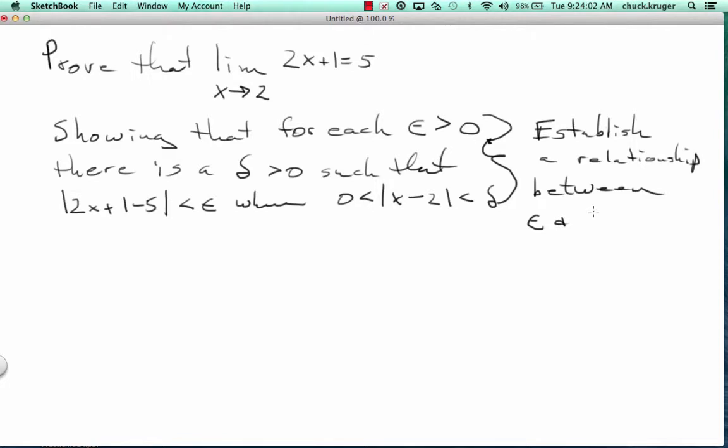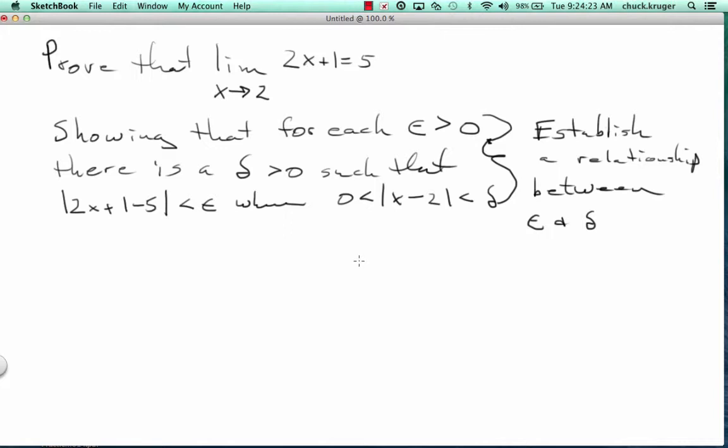In other words, when delta goes down, epsilon goes down. When epsilon goes down, delta goes down. They have a type of relationship. What you're going to notice is this is very similar to the previous video, except I'm not going to give a value for epsilon.